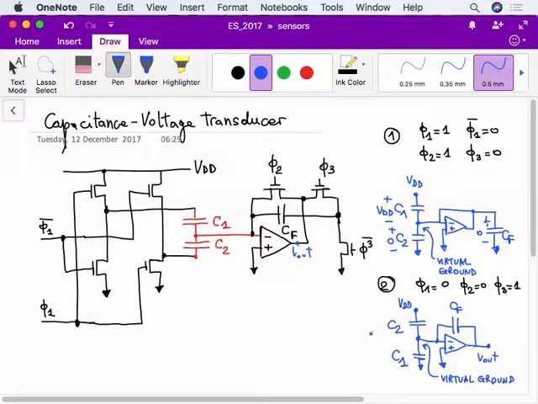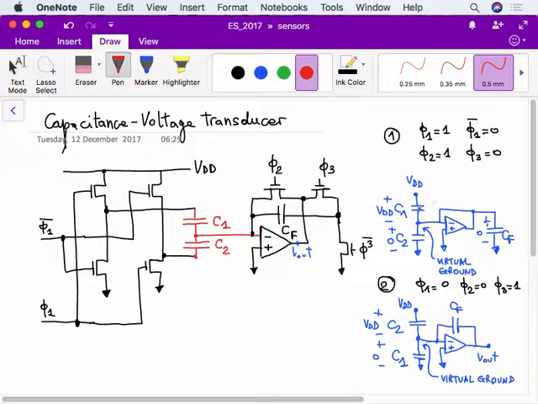Which means that C2 is charged at VDD, okay, and C1 is charged at 0, because the nodes are between virtual ground and ground. So what we need to check now is what happens to the charges.